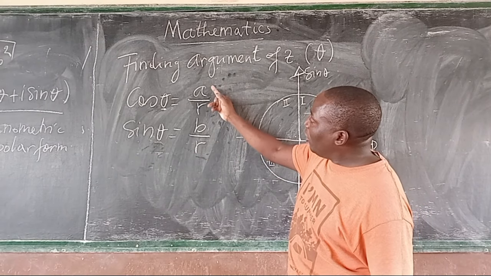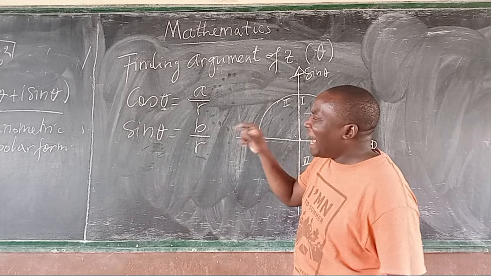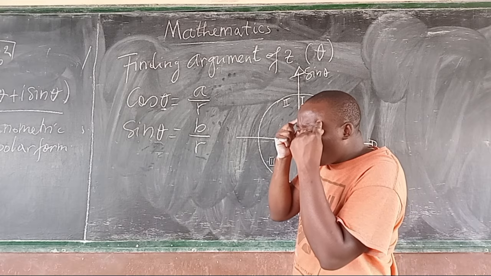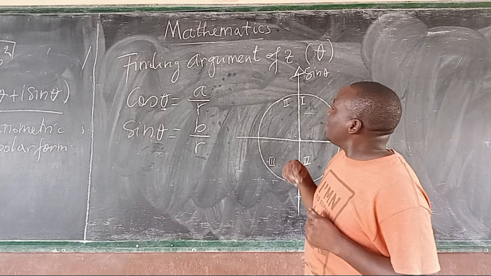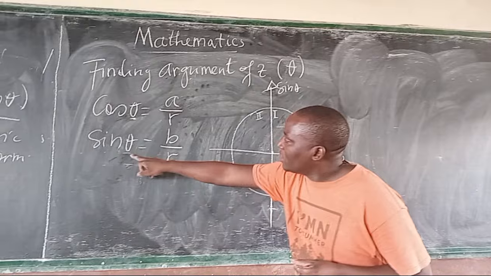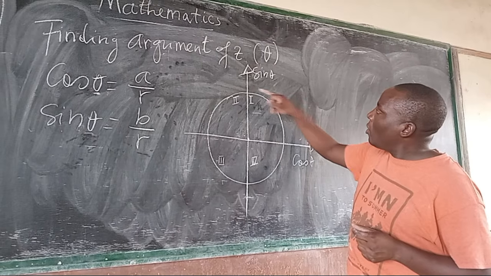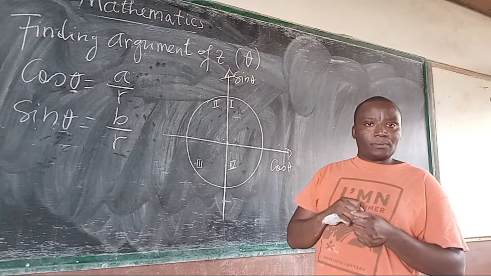From the information between those two, I'm able to find where my given angle theta is on my simple unit circle.